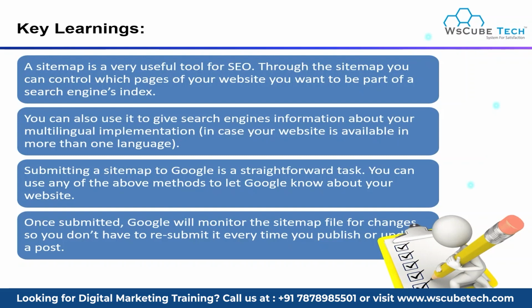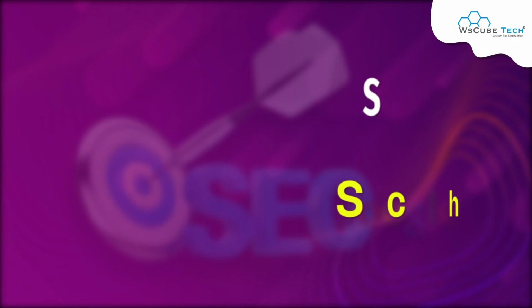Submitting a sitemap to Google is a straightforward task, and you can use any of the above methods to let Google know about your website. And once submitted, Google will monitor the sitemap file for changes, so you don't have to resubmit it every time you publish or update anything.